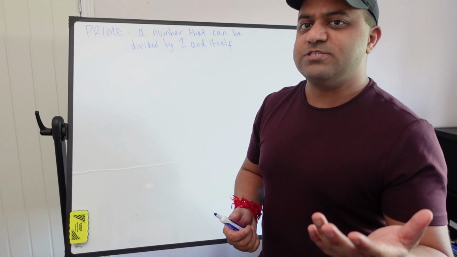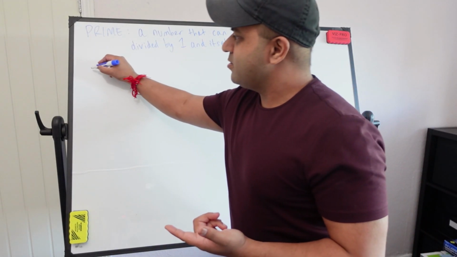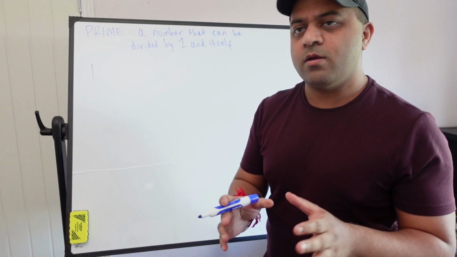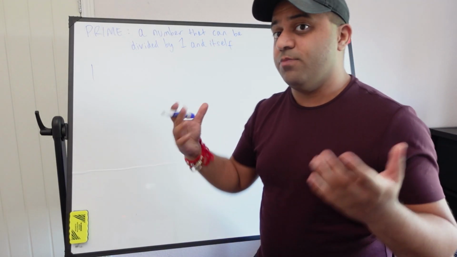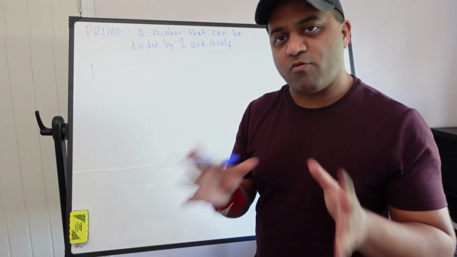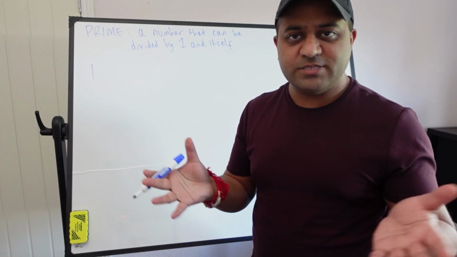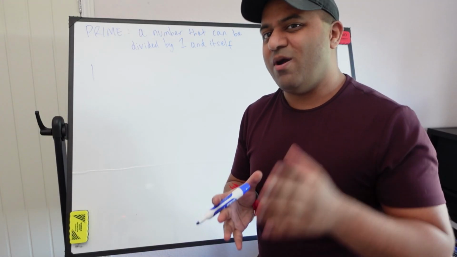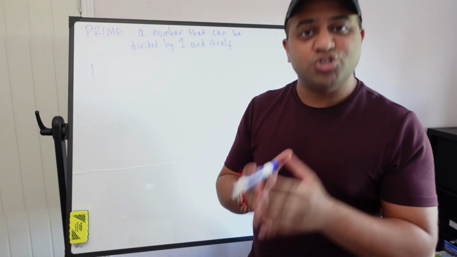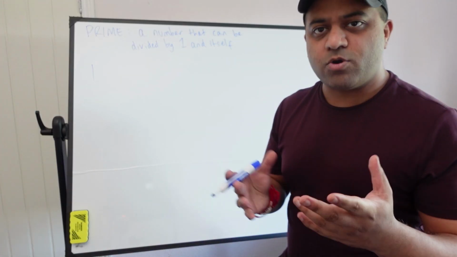You might then say that the number 1 fits that definition because 1 can be divided by the number 1, and it can also be divided by itself with no remainders. So according to this definition, 1 is a prime number. However, it isn't. 2 is the smallest prime number. 1 is not. How come?